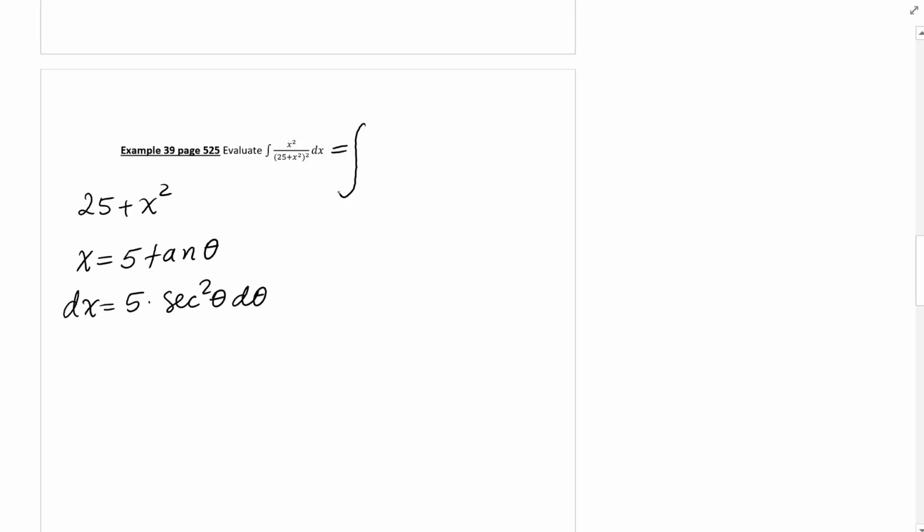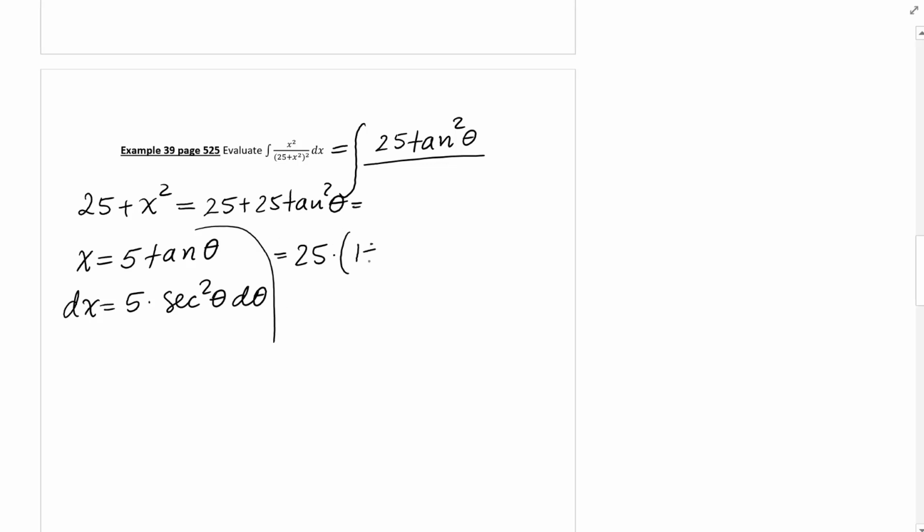So this integral becomes 25 tangent squared of theta over, now this quantity from the bottom, it's 25 plus x squared, 25 tangent squared of theta, and using trigonometric identities, this is 25 times 1 plus tangent squared of theta. Well, tangent squared is sine squared over cosine squared, right?